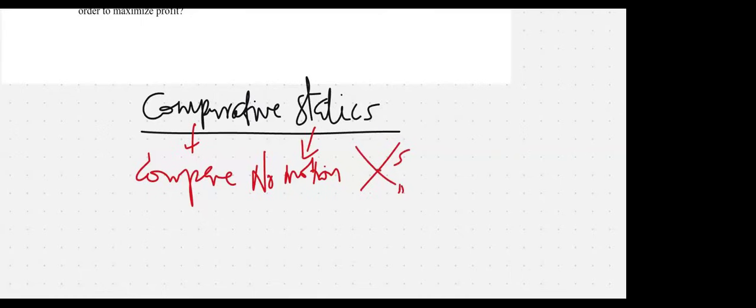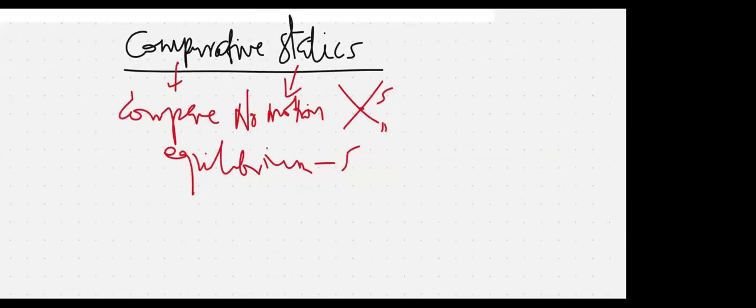So comparative statics means that we're going to compare the equilibrium. Equilibrium is singular, and equilibria is plural. Equilibrium is for one, and equilibria is for multiple equilibrium. That's what we're going to compare.